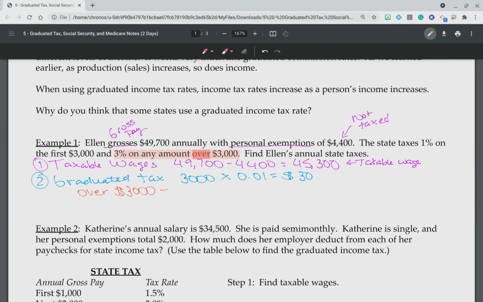To do that, we take our taxable wage, which was 45,300, and subtract the $3,000 that we already counted.